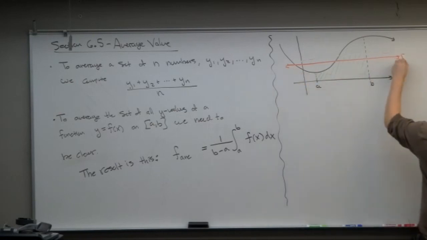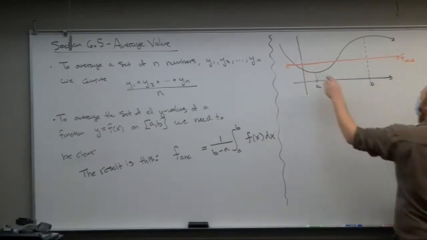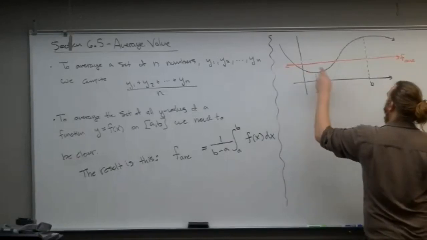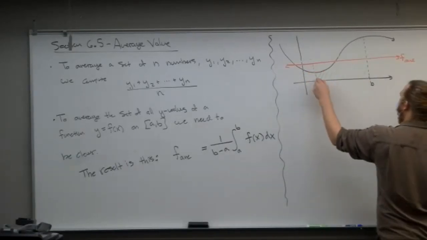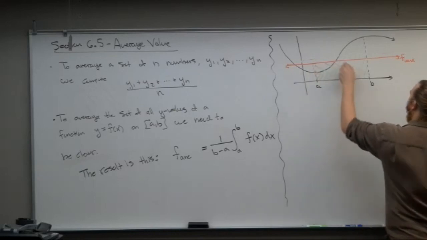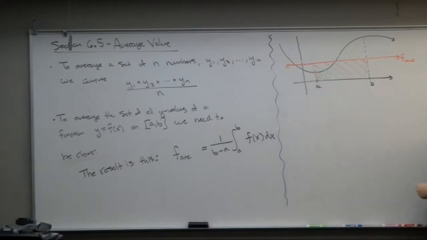Maybe the first one was closer. Yeah, it was. That's okay. So the idea here is that the orange area and the green area are the same. For this picture it should be a little larger. It's the unique constant function that bounds the same area from a to b.